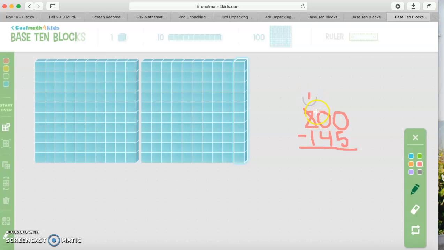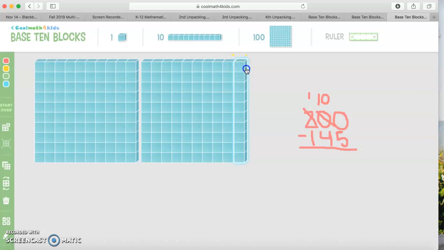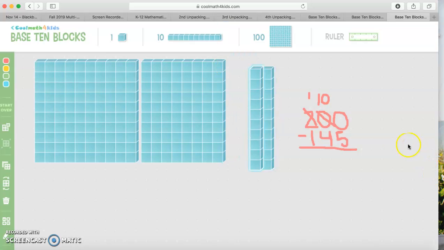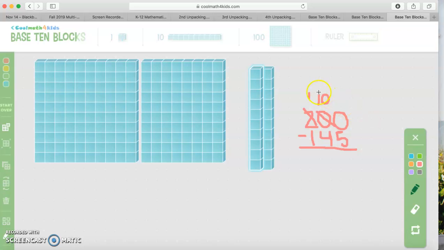This would then give 10 here. So they are borrowing a 10. They then would have to borrow, which would in turn make this 9 and this 10.